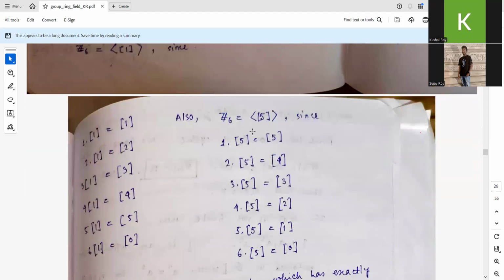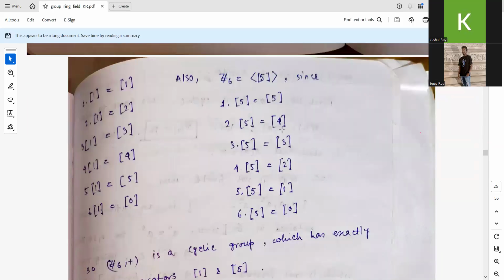We can show that Z6 is also generated by 5. So how? Because you can see that 1 into 5, this will be 5. 2 into 5 means 10. 10 means the residue. So residue means this 4. If we divide 10 by 6, what is the remainder? Remainder is 4. So therefore 2 into 5 will be 4.